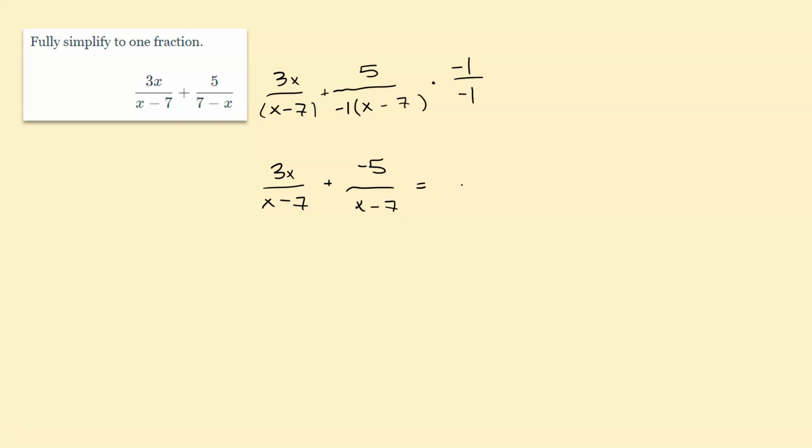So now we have a common denominator. We can go ahead and combine these in one fraction. 3x plus negative 5 becomes 3x minus 5. And then the denominator is still x minus 7. And this is the fully simplified version.